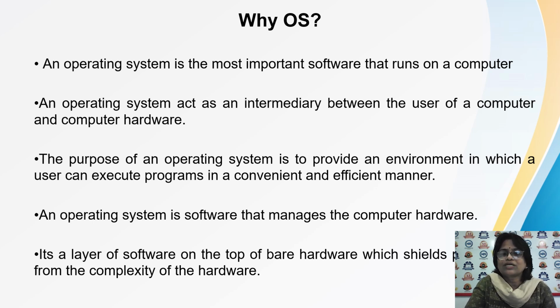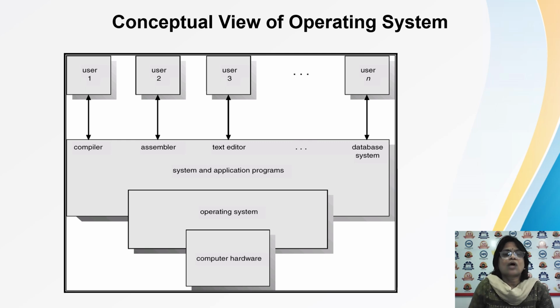This is the role of the operating system in any computer system. It can be explained with the help of this block diagram. As we can see in the diagram, at the lowest level is the computer hardware, and then the application programs, such as spreadsheets, word processors, compilers, and web browsers. They define the ways in which these resources are used to solve the computing problems of the users.